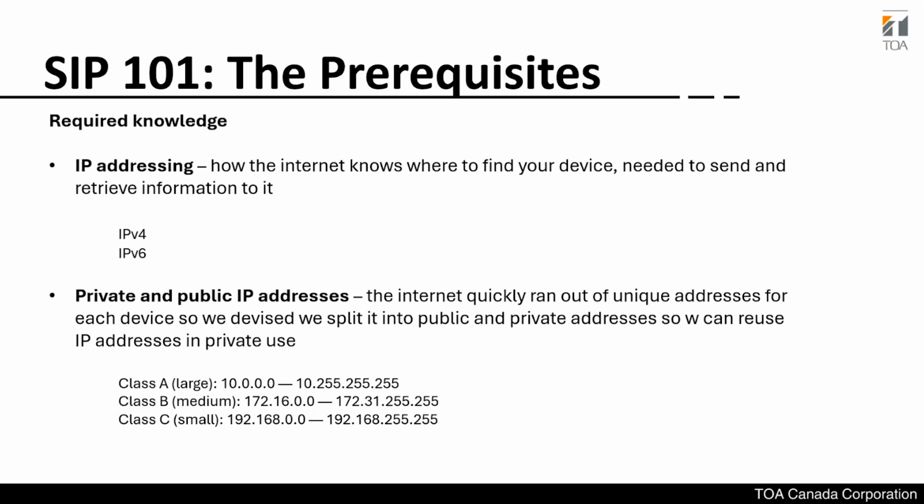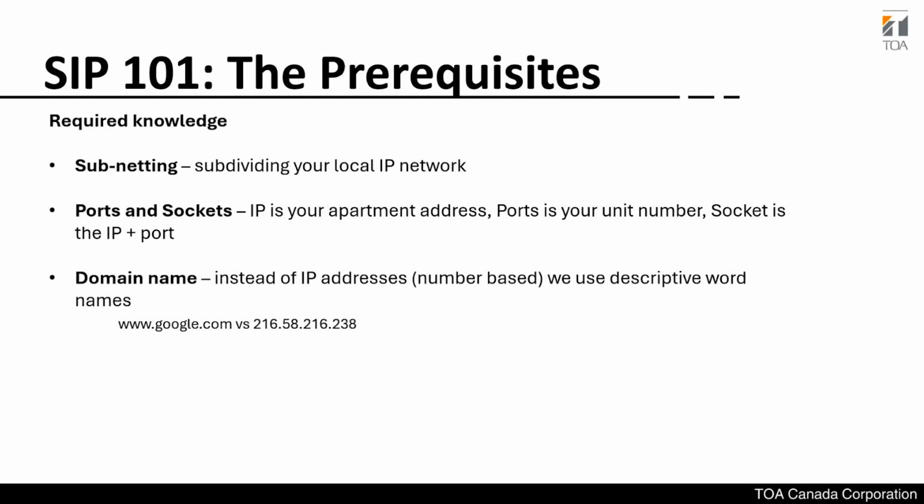Medium networks use the 172.16 subnet and the larger ones use the 10.0 subnets. I briefly mentioned subnetting. So even in local networks, we can divide into a few subnets that work for different purposes. In this case, a subnet mask is used.